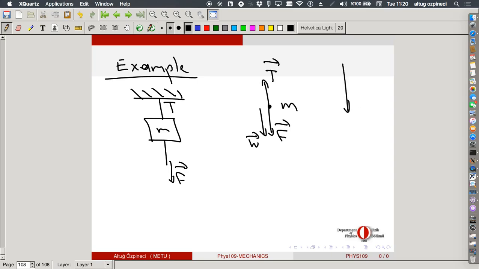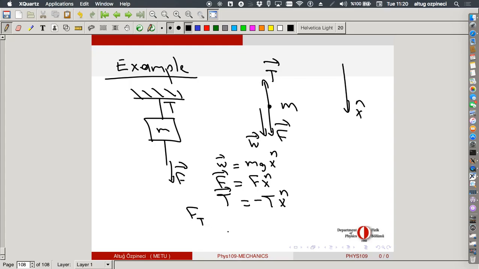acting downward. Let's just choose the downward direction as our x-axis. So weight will be mg in the x direction. The force vector will be F in the x direction. The tension force will be minus T in the x direction. It is pointing upward, T is positive, that's why I add this minus sign over here.